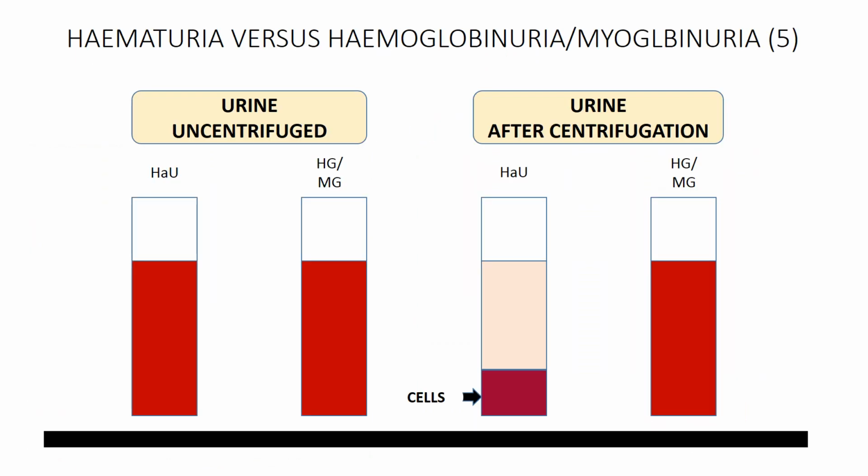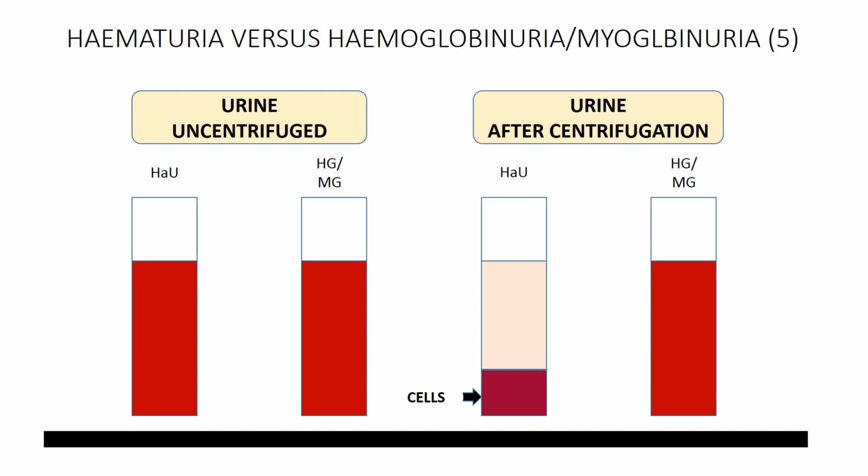And then in addition, we said that patients may present with this positive dipstick either because of hematuria or because they have hemoglobinuria or myoglobinuria. Another thing that one can do if they have access to a centrifuge is to spin the urine, and the image on our left there shows two specimens.